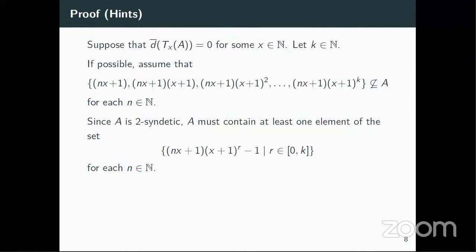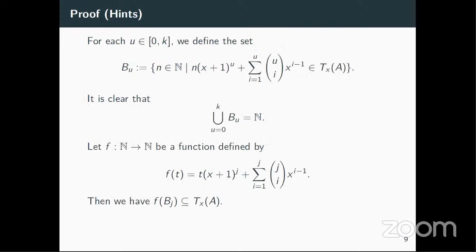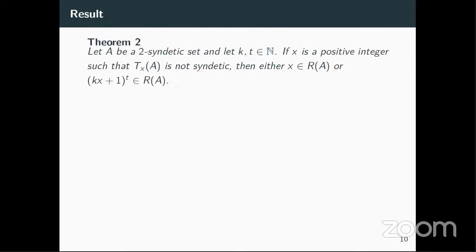There are many results in arithmetic progressions, but there are only few results in this direction for geometric progression in synthetic sets actually. So the second observation is that if you take any synthetic set A and any two natural numbers, and you can find some natural number x so that Tx of A is not synthetic.